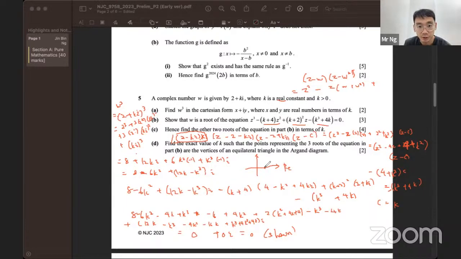I just put k here. So for it to be an equilateral triangle, we need to look. By the way, this one is 2 and minus 2. So maybe need to look like this, above and below.